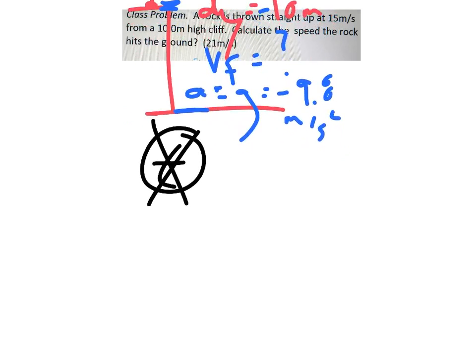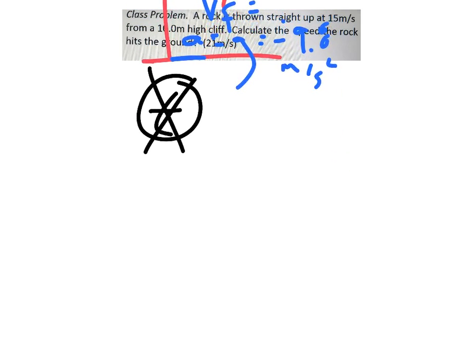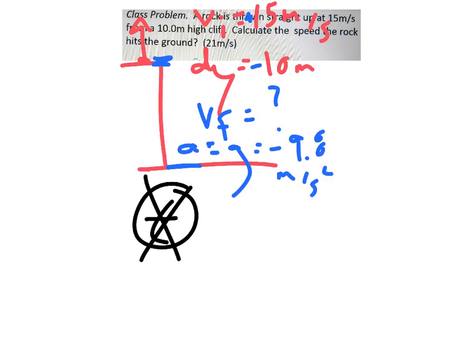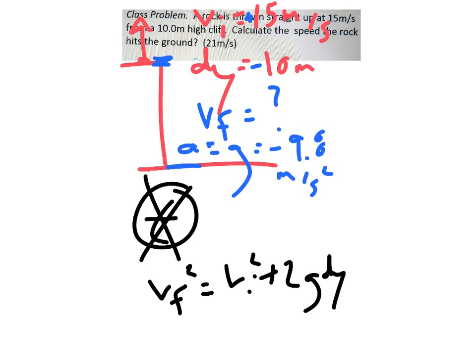So I'm going to move this out of the way. The equation that doesn't have time in it is VF squared equals VI squared plus 2g dy. I forgot to mention, with the original equation, g was a, so I changed the a to a little g just to represent gravity.